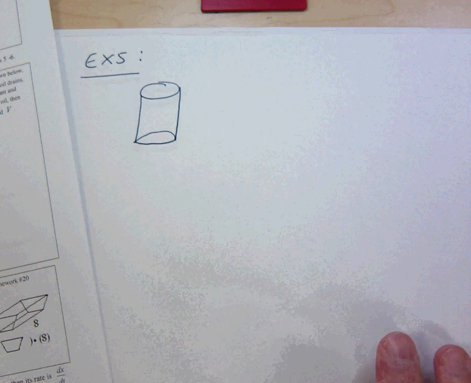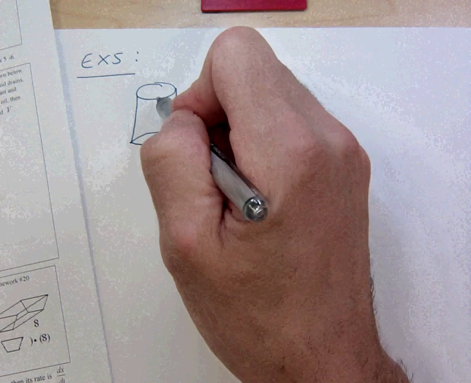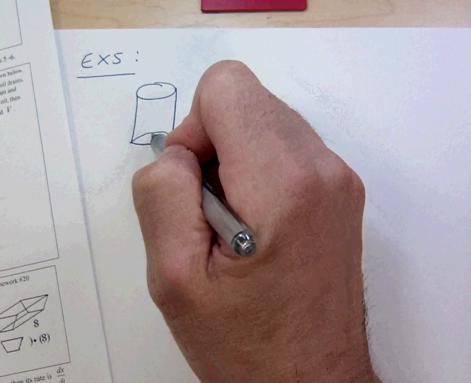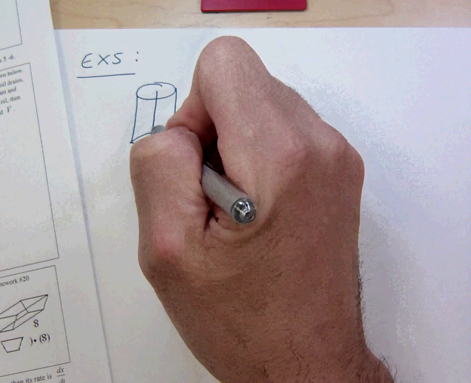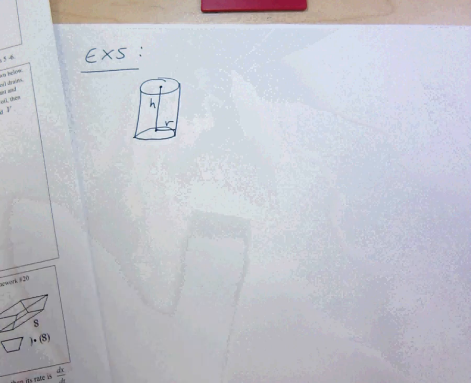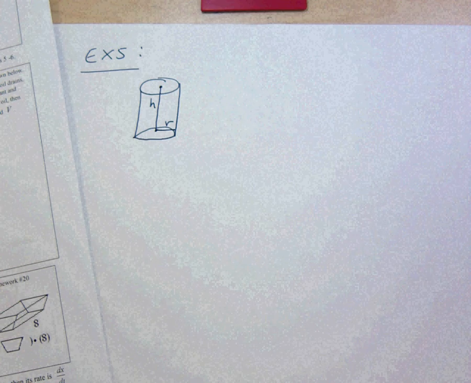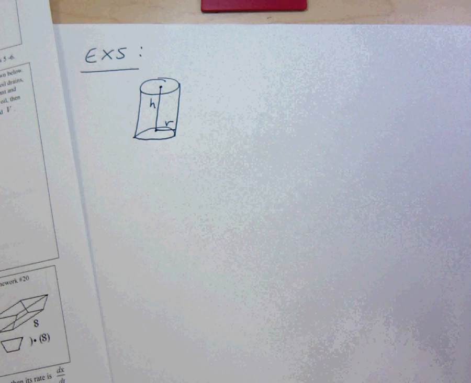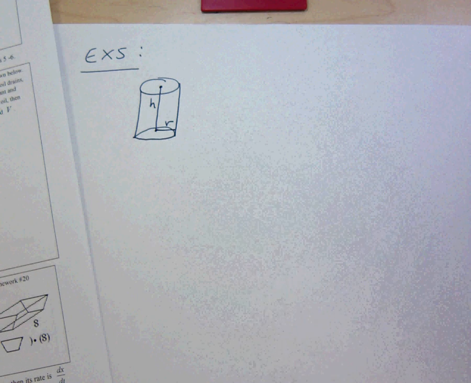And so if that thing's melting, and you want to talk about R and H and V, as that thing melts, what's changing? Everything's changing. V's changing, H is changing, R is changing.